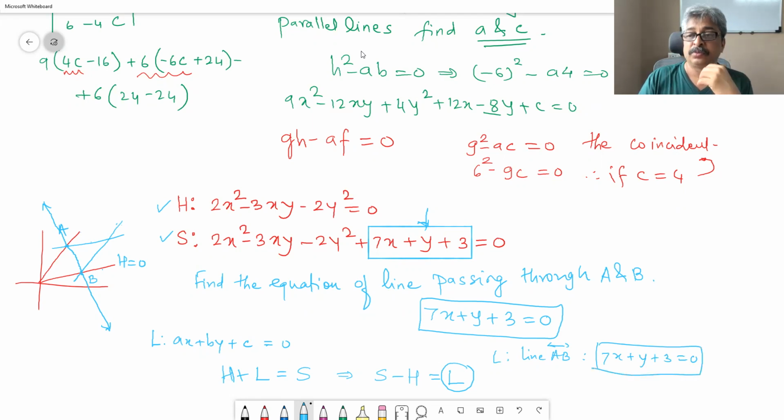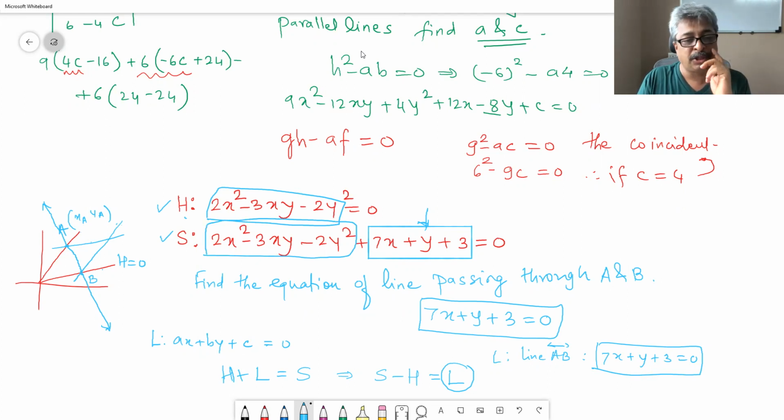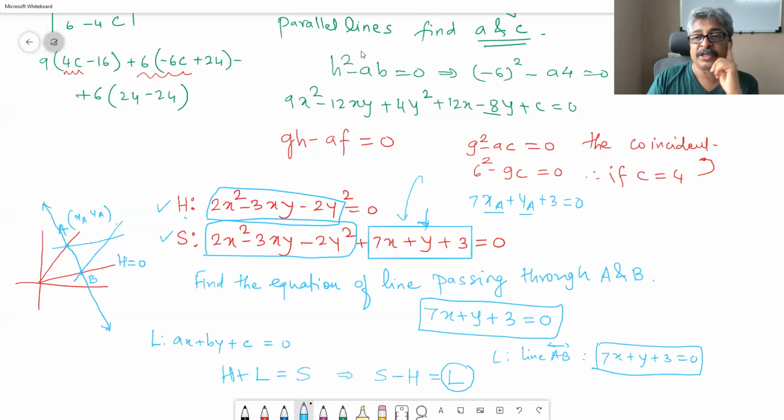Or you can take any point xa, ya, put it in H, it gives you homogeneous part equal to 0. That part is anyway going to be 0 here. And if the second condition also needs to be satisfied by A, then this linear part must be xa plus ya plus 3 is equal to 0. Replacing xa by x and ya by y, we get the desired equation of straight line.